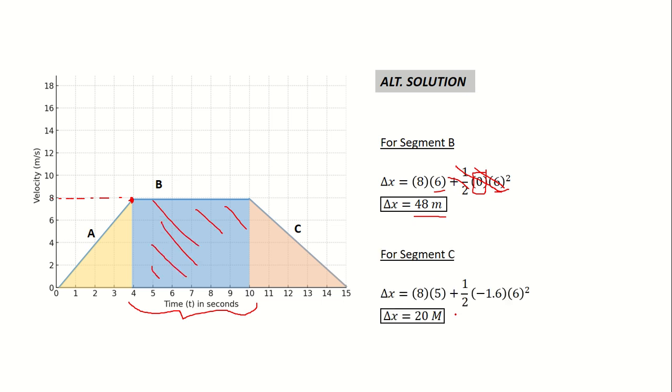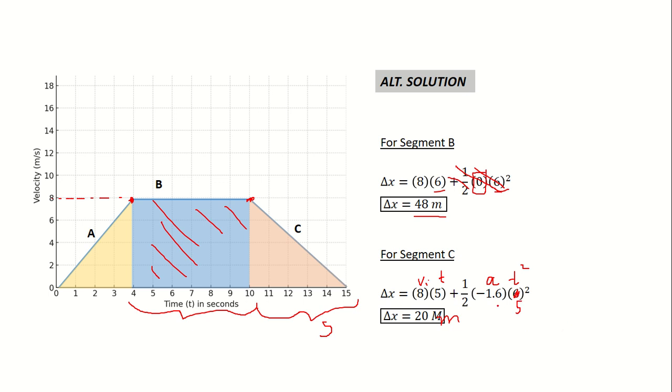And for our segment C, this should be a small m. For segment C, my starting velocity is 8 meters per second. So, it's initial velocity times time plus 1/2 acceleration times time squared. So this much is 5. Actually, I'm wrong here. It should be 5.